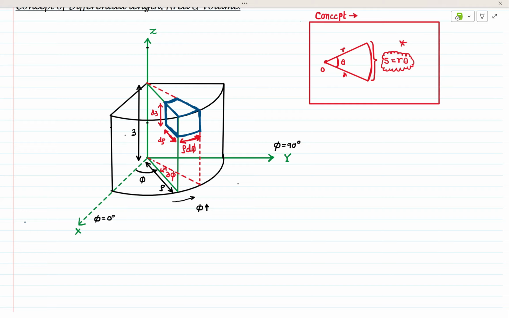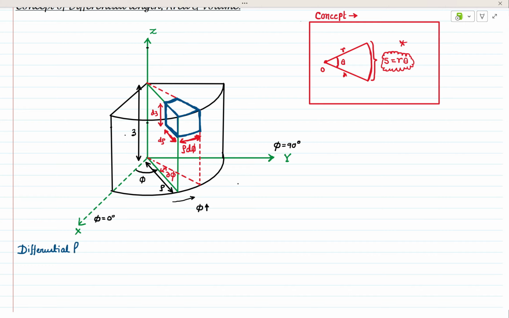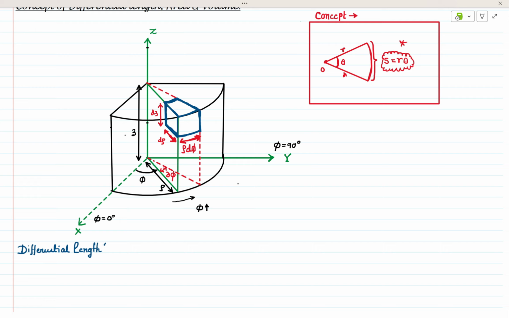Differential length can be given as dl, and obviously this is a vector quantity, because length is a vector quantity.